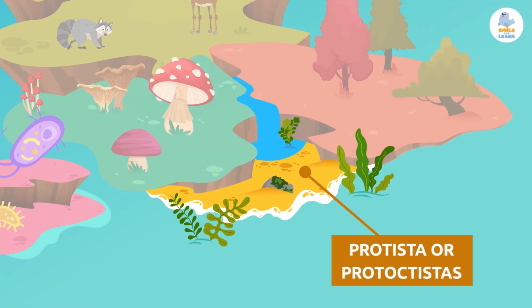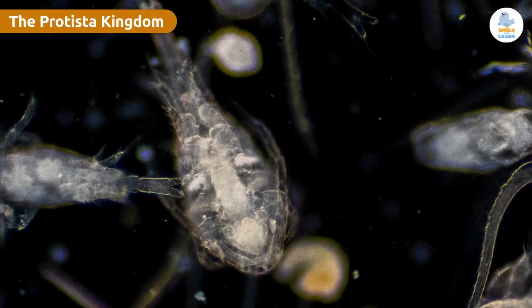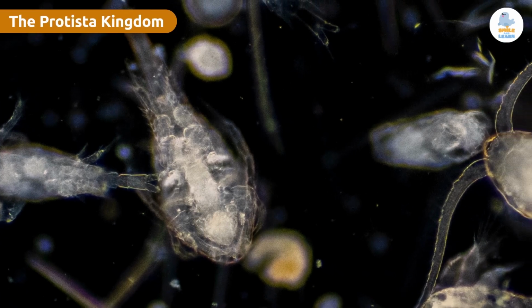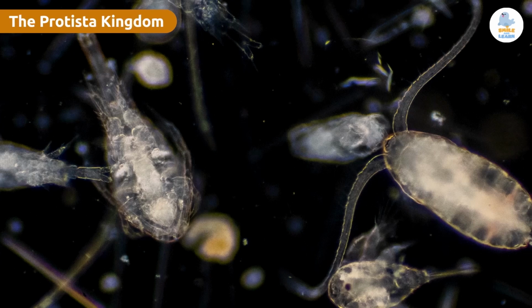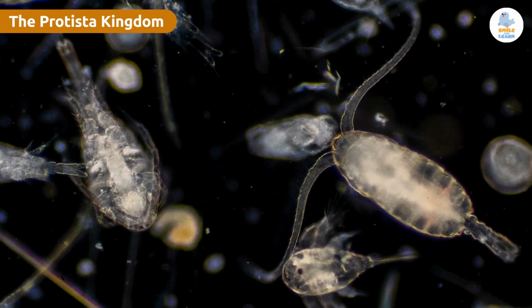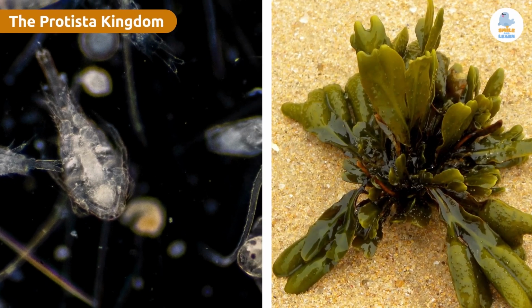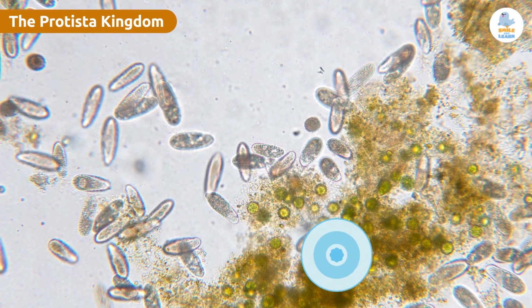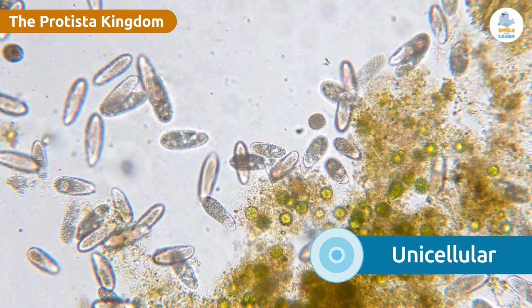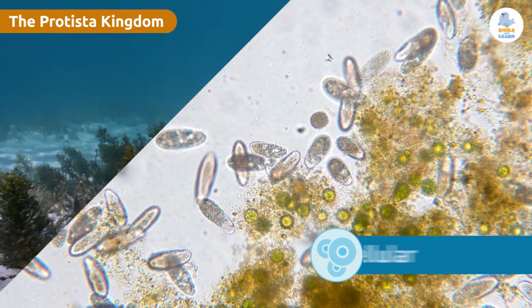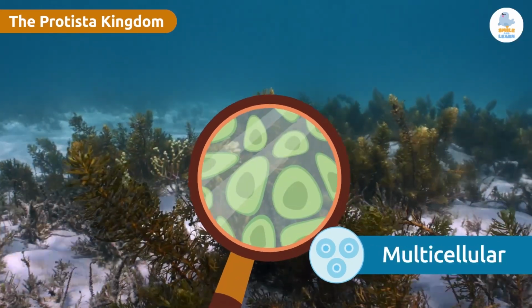The Protista Kingdom. And finally, we'll talk about the Protista Kingdom, which includes protozoa and algae. The organisms in this kingdom can be unicellular, like protozoa and some types of algae, or multicellular, like many other types of algae.